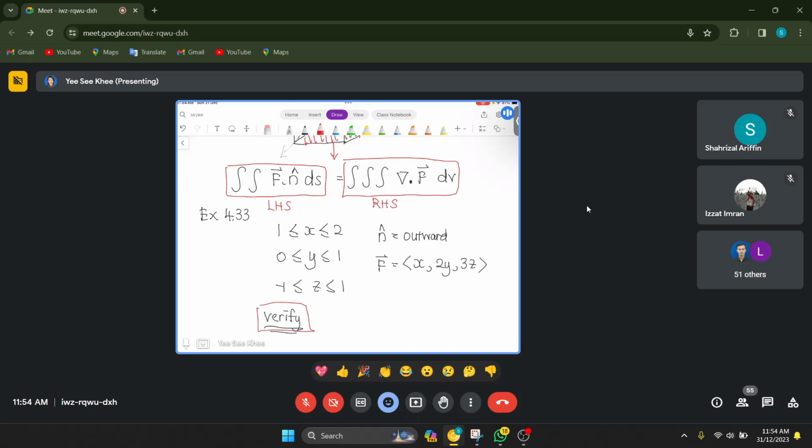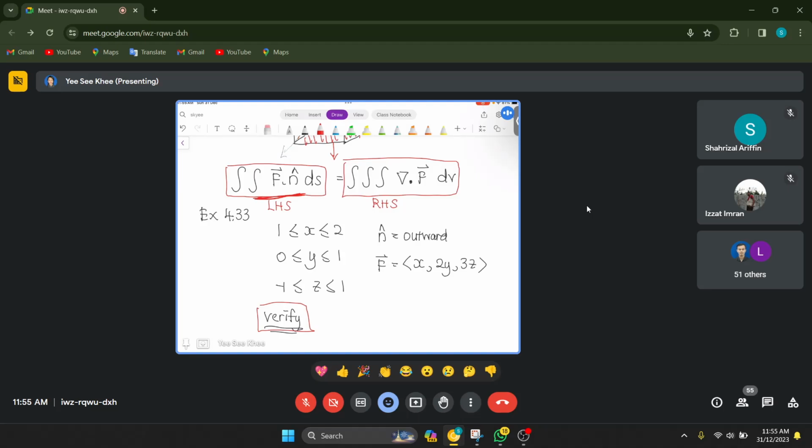But here I don't want to do the left hand side. You can look at your modules. For the 6 surfaces of this cube, you have to perform the surface integrals of the vector field, which is the left hand side, 6 times. You can look at the steps. The total flux coming out from the solid will be the summation of the flux coming out from each of the surfaces.